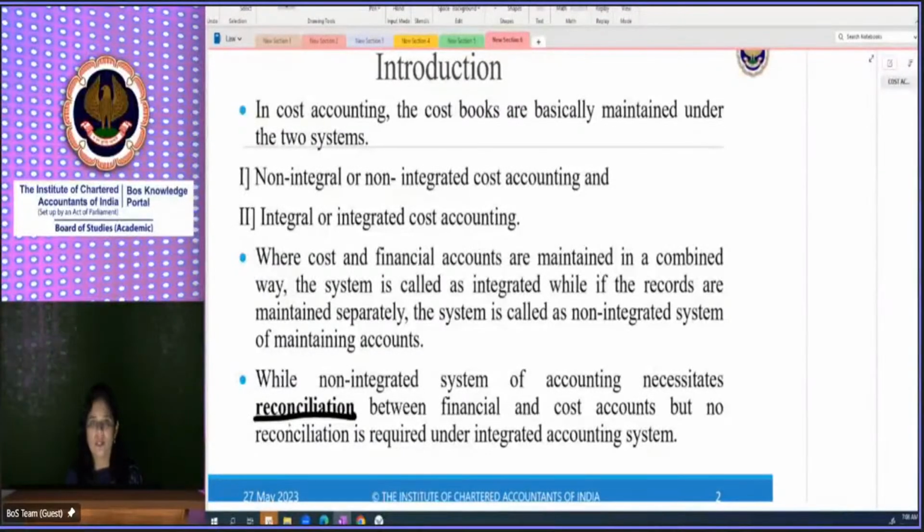Reconciliation means matching the cost records with the financial records. We have to match only when there are two sets of books. We don't have to match when there is only one set of books. With what will we match when there is only one set? So when we have non-integrated, that means we have separate sets of books. Only then we have to match the cost records and the financial records. Then we match all the expenses and all the overheads of cost accounting and financial accounting.